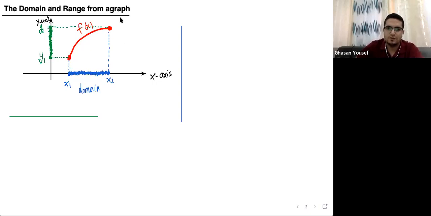So the domain is the input set. This is just review, and the range is the output.